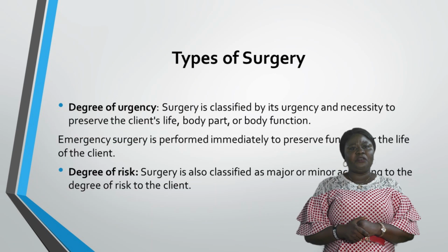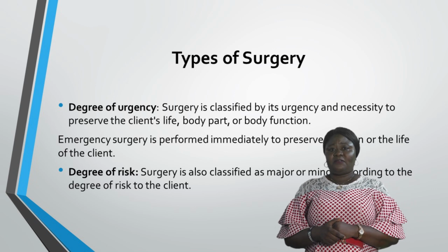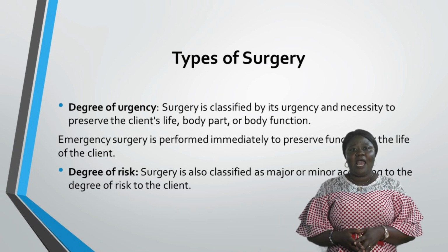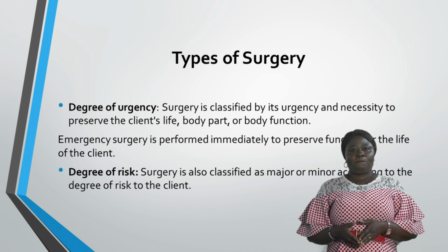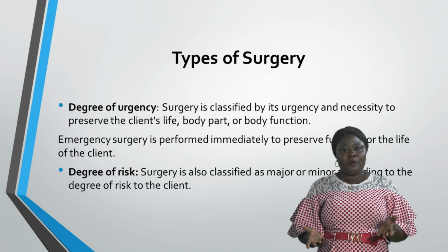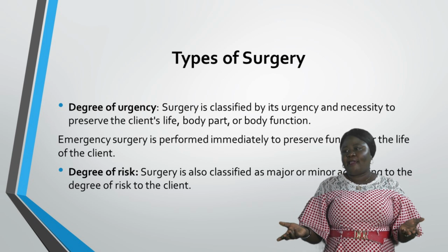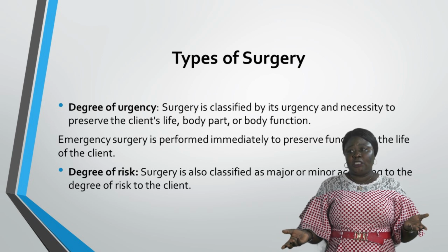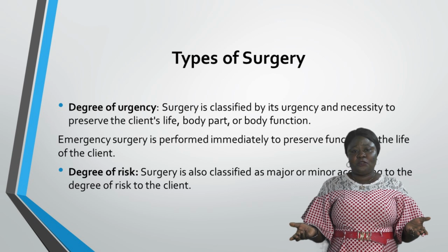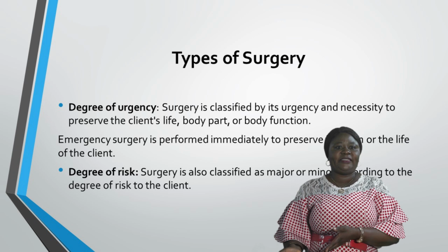Then types of surgery based on degree of urgency. Surgery may also be classified by its urgency and necessity to preserve the client's life, in order to preserve the body parts or body function. So like someone that has traumatic injury due to accidents, one may carry out amputation of that affected part.